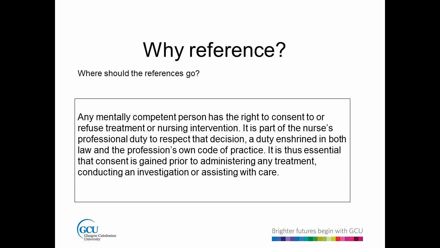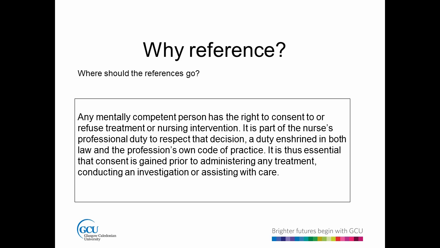Okay, let's have a little go. If you have a read of this, can you tell me where you think the references should go? At the end of intervention. So saying a person has the right to consent or refuse treatment or nursing intervention, that's got to have come from somewhere, so we need a reference.